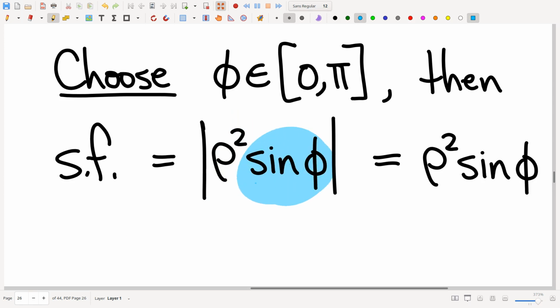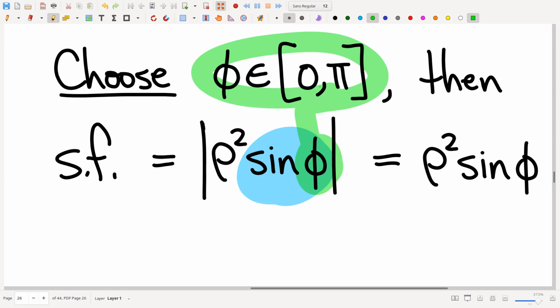The analogous argument here is to say, look, this is what I need to worry about. I need to worry about sine phi. I need to figure out how I can restrict my choices of phi to make sure that sine phi is always positive. And how do we do that? Well, again, just a little bit of trig, but as long as I make sure that I choose my phi between 0 and pi, then sine phi will be positive. Rho squared, of course, is never negative, and therefore that product will never be negative and the absolute values disappear.